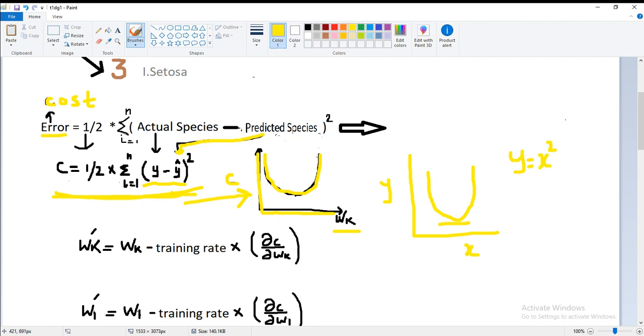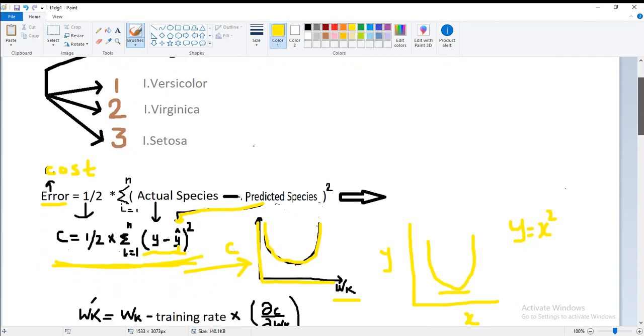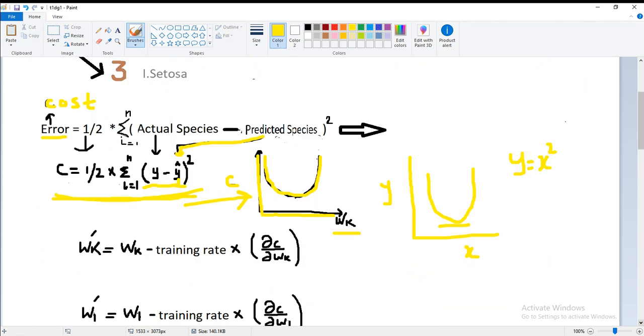This equation has the variable y hat, and y hat is a combination of weights: each weight multiplied by a feature, plus a featureless weight, which is w0. So y hat has weights in it, and that is why the cost function can be represented in the form of weights.